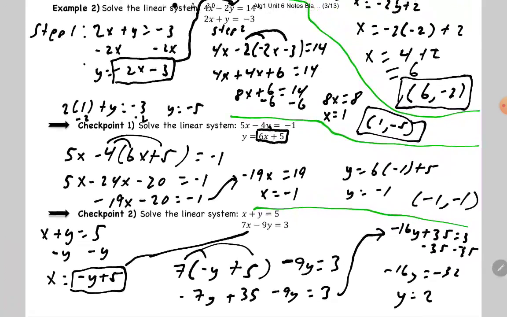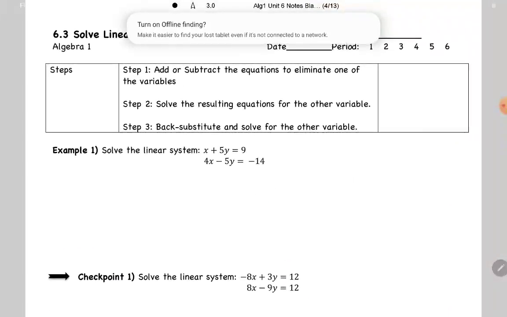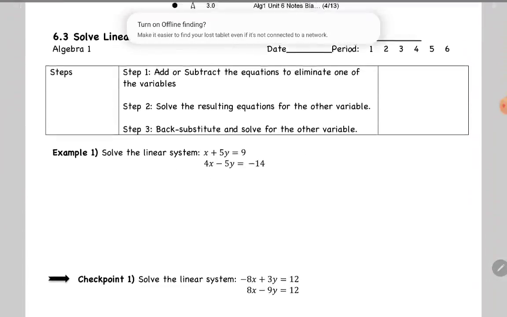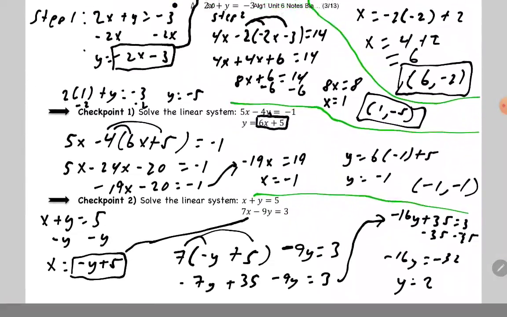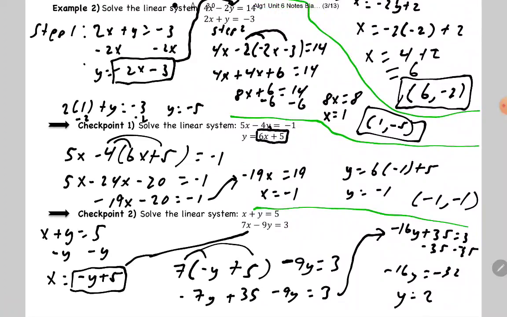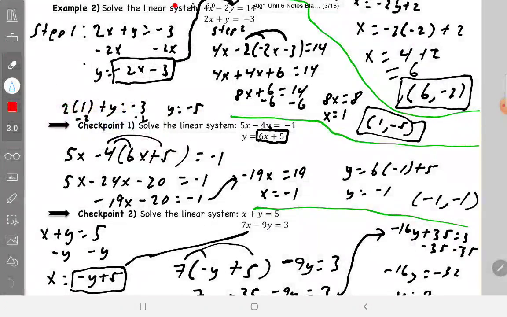I don't have any space, so here I'll rewrite it. Let's just do this in a different color so you can see it more clearly.